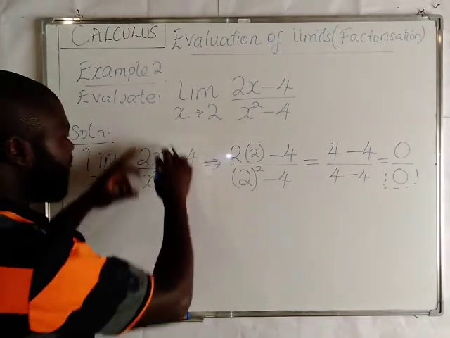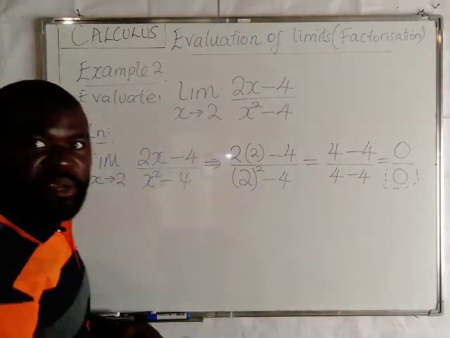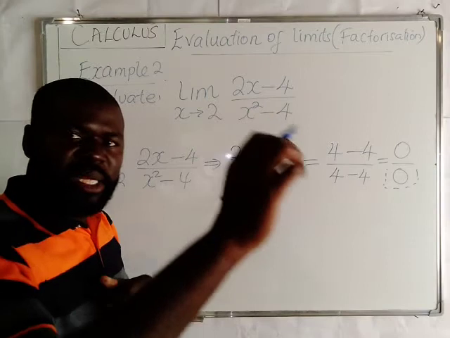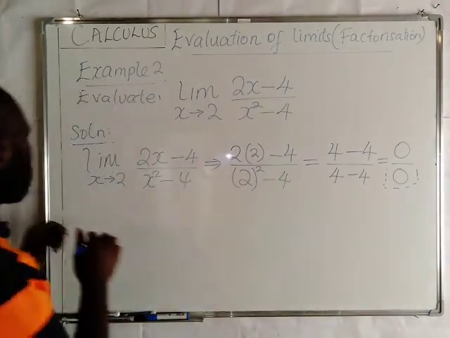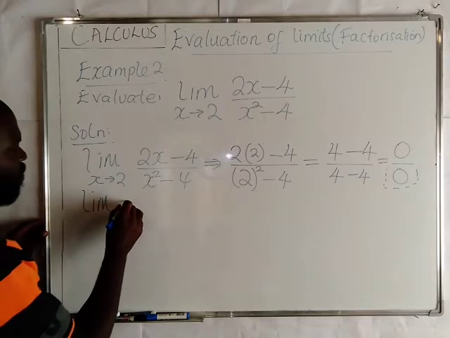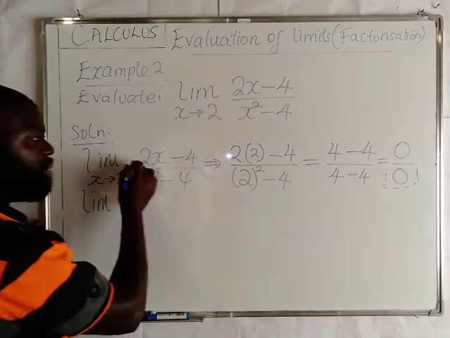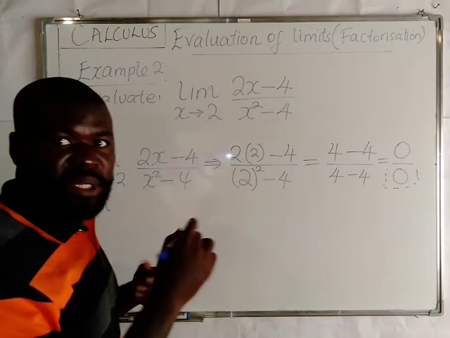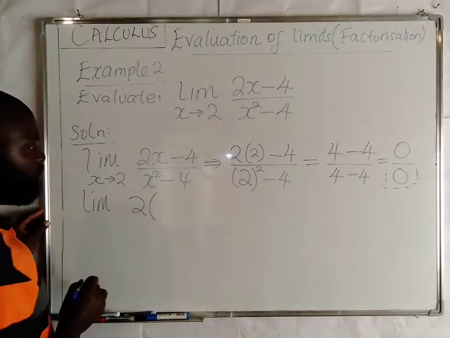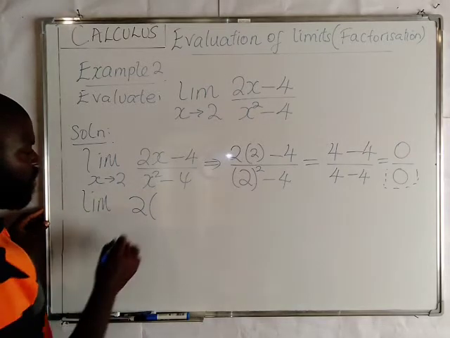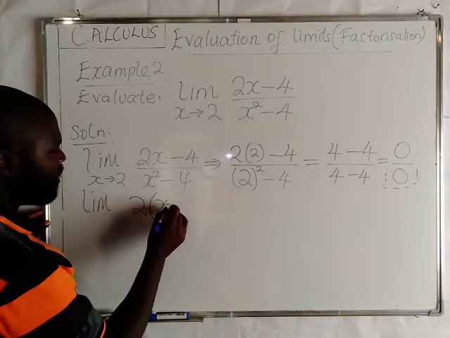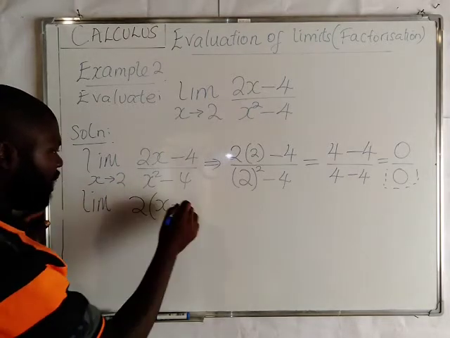Okay, so using the factorization method, we are going to factorize the two expressions on the numerator and the denominator. So you can see we have the limit of, so now we factorize the numerator here. There is a number which is common, which in our case is 2. So we have 2 times x minus 2.